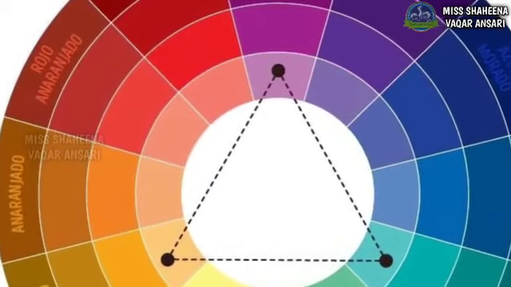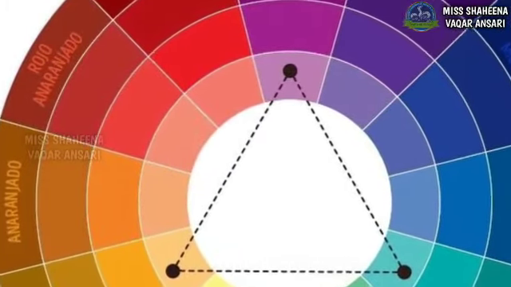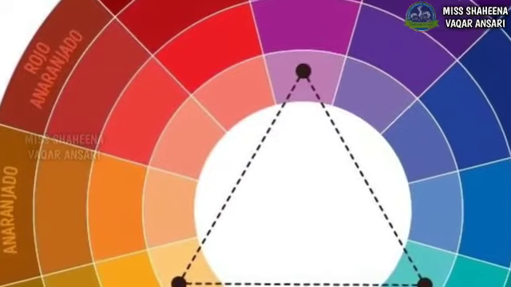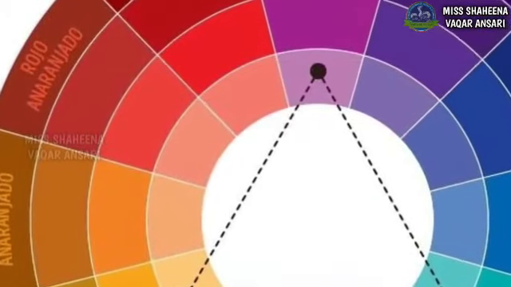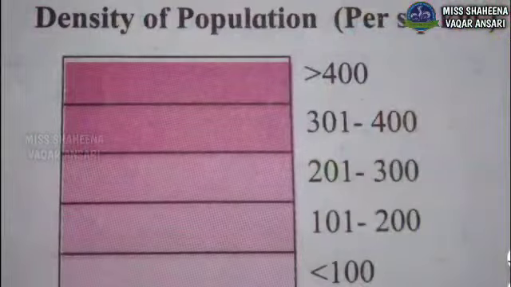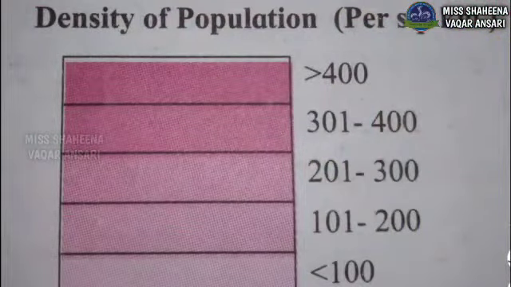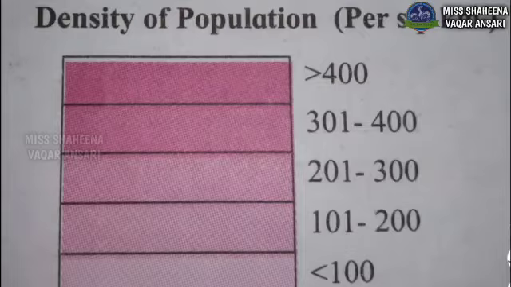The first step is I will decide my maximum and minimum values, right? Now, from the minimum to the maximum, the minimum will be the lightest shade of pink, and as I go up into the class interval, I keep on increasing the shade color of pink. So, the darkest pink will be, yes, you are right, the maximum.